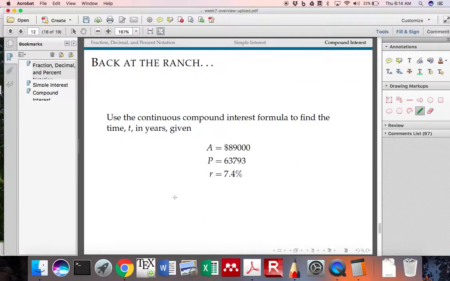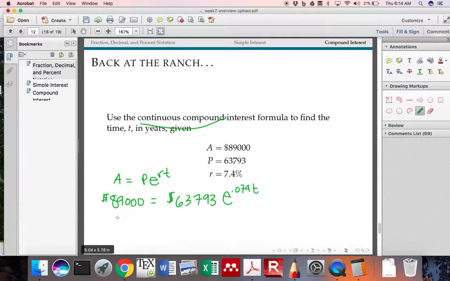Okay, so now we can solve this problem. And I'm just going to write it down again. So we have amount, 89,000. Amount equals P e to the RT because of the continuous compounding. 89,000 equals 63,793 e to the 0.074 t.